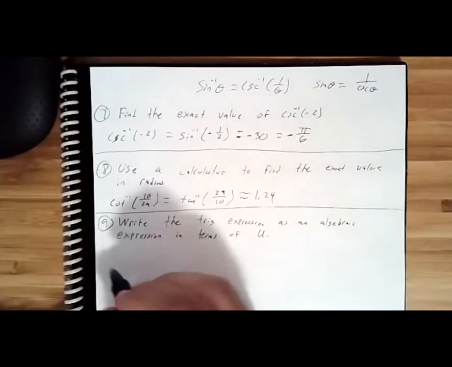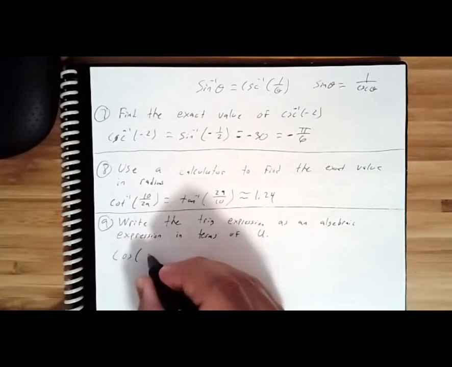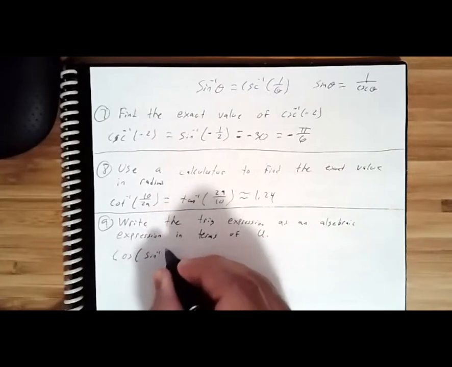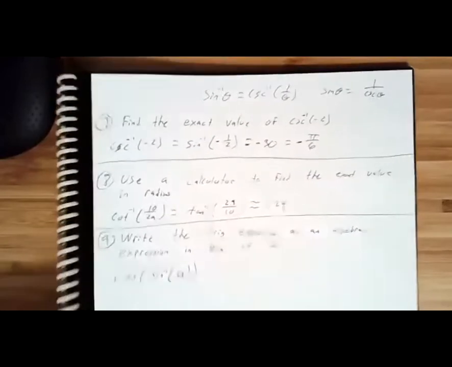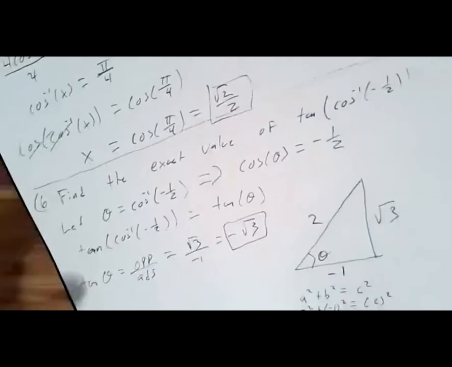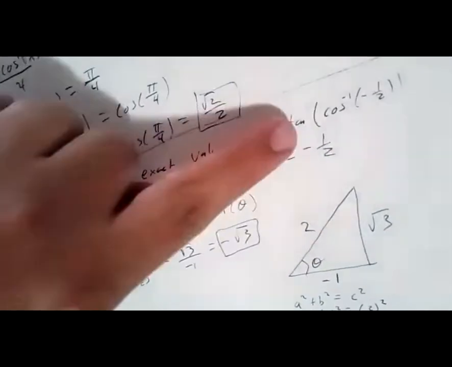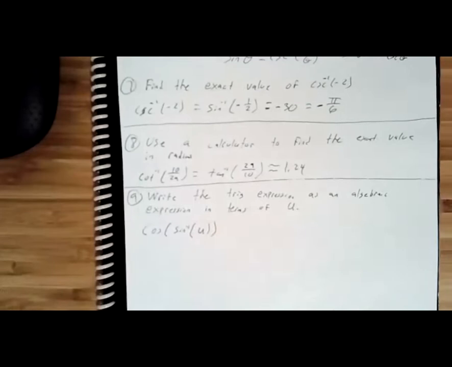So we do one of these, I remember: cosine of sine inverse of U. So similar to that other one we did in number 6. It's the same thing. See how they didn't match tangent of cosine inverse. Now we have cosine of sine inverse. Same deal.